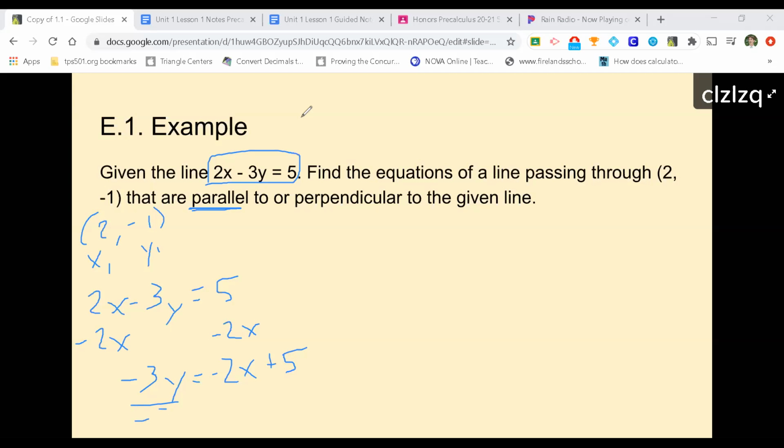Divide by -3. That is y equals positive 2/3 x. See the 2 negatives? They make a positive, just like 2 wrongs make a right.